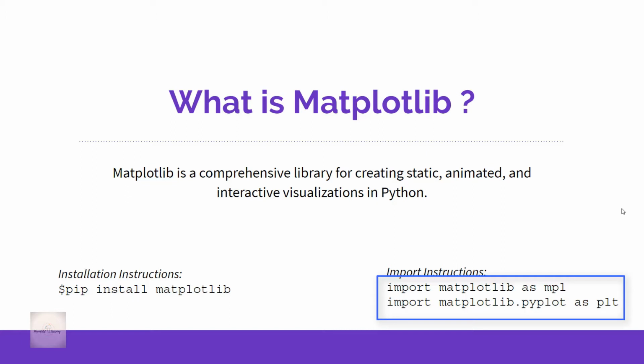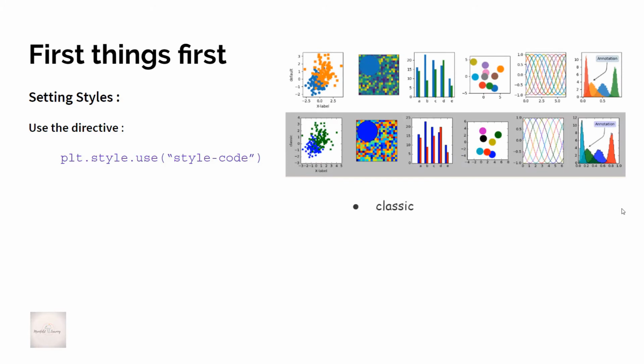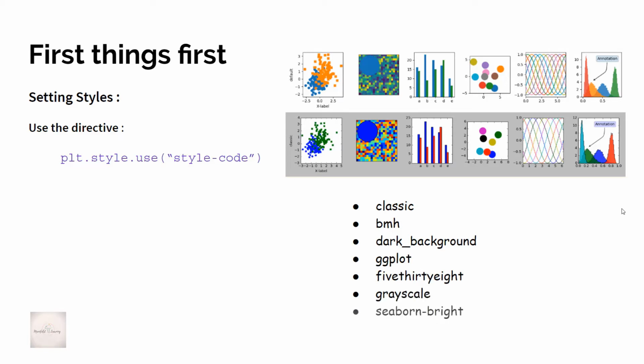Fine? Yes. Next is setting styles. So what is this setting styles? Here we will use a directive called plt.style to choose the appropriate styles for our figures. Actually, there are many different style sheets in Matplotlib. It will be like classic, bmh, dark_background, ggplot, fivethirtyeight, grayscale, seaborn-bright, seaborn-white, seaborn-ticks, and many more.